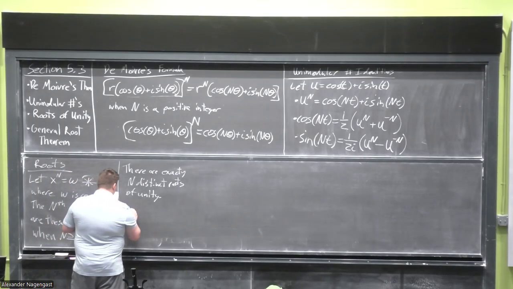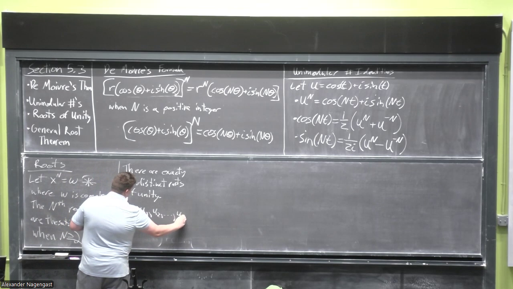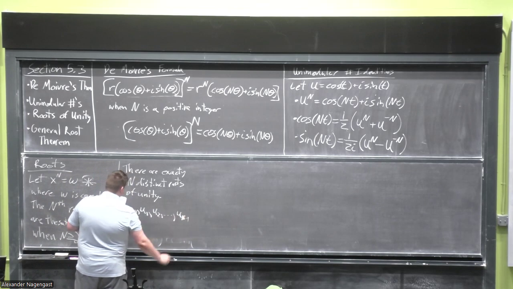And we'll typically write them out as u0, u1, u2, all the way to u to n minus 1.